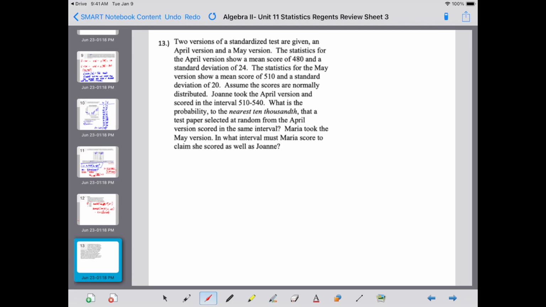So we want to find the probability of 510 to 540 on the April version. So you're going to do normal CDF of your lower 510, upper 540. Your mean score is 510, standard deviation is 20, right? Did I use April? Nope. The April version showed 480 and 24.